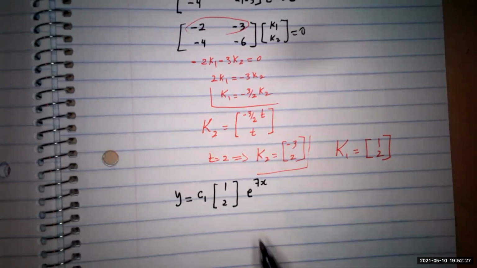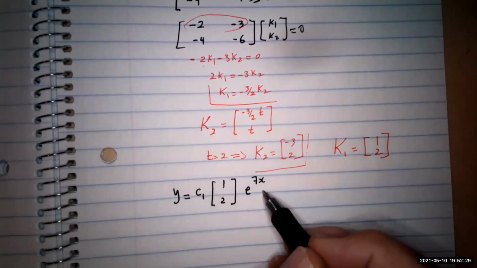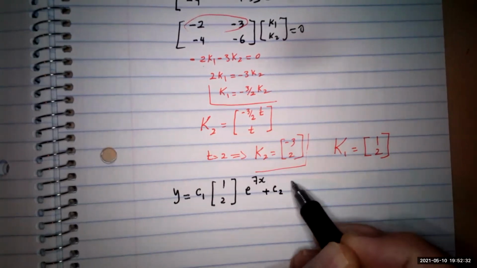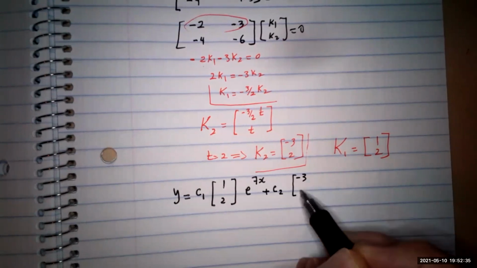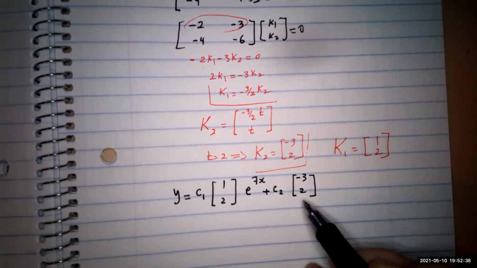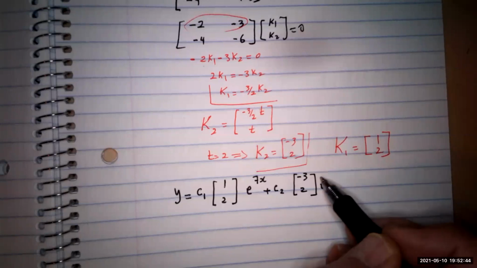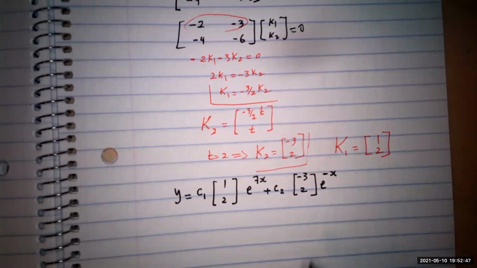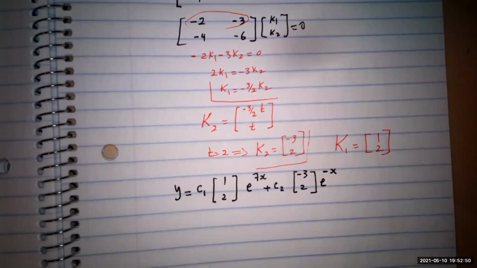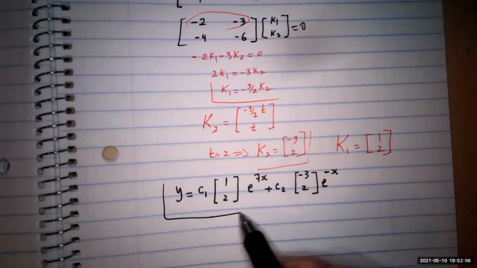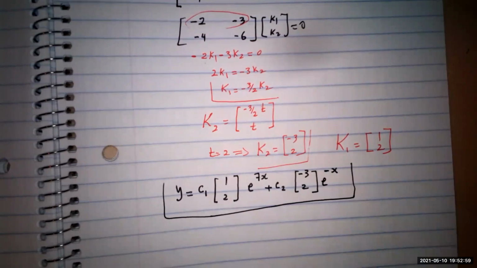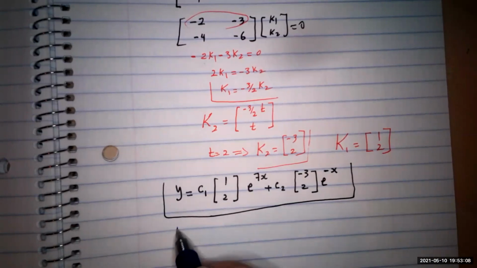So that's going to be the first part, plus C2 K2, which is -3 and 2, and this is going to be e to the lambda 2, which is negative x. So this is going to be the general solution. So you pick your solution out. So your first solution is going to be y1.